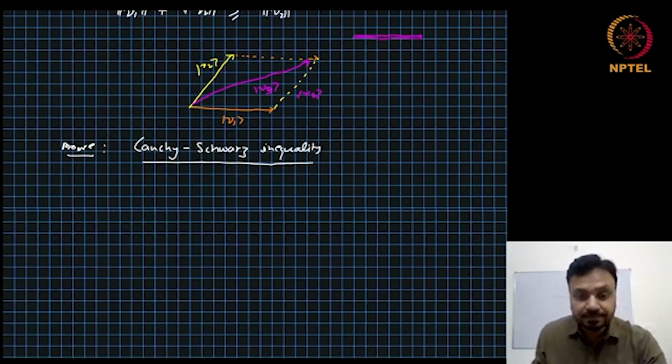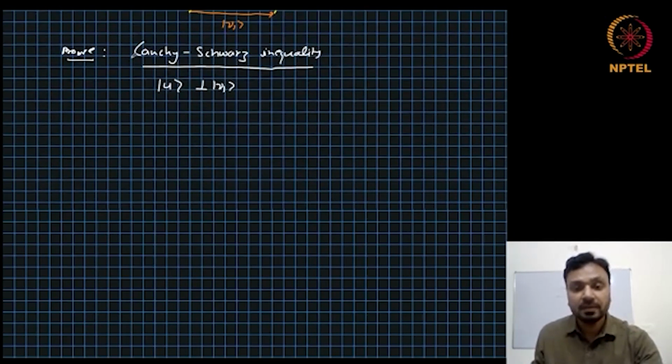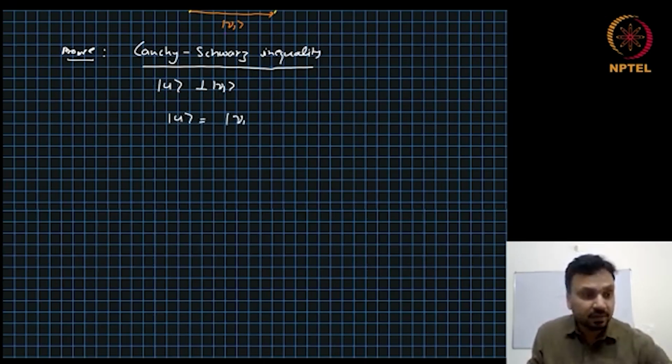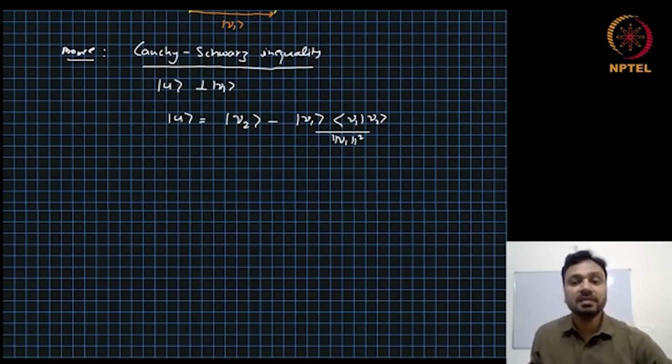It goes like this: let us define a vector u which is orthogonal to v1. How do we get this? It is orthogonal to v1 and in the same plane as v1 and v2. We define u as v2 minus the inner product of v1 with v2 over the mod square of v1, the length of v1 squared, times v1.